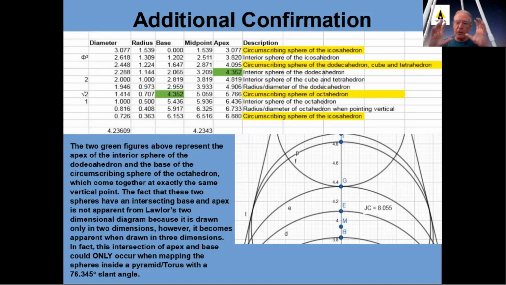Because if it were anything different, the point of touching of the spheres or circles inside the pyramid would dislocate that, and those 2 circles would not be able to have a common apex and base. So this is a very, very significant point to me. All of this information is pointing to me that they knew exactly what was going on when they put this together hundreds, if not thousands of years ago.